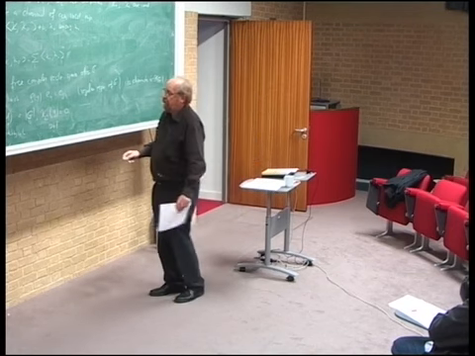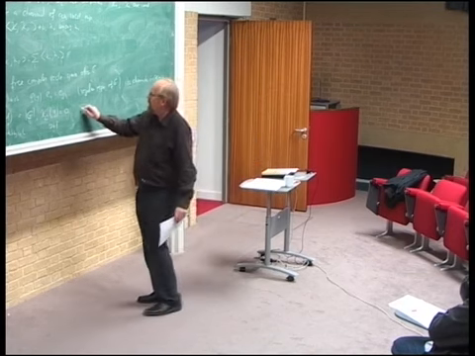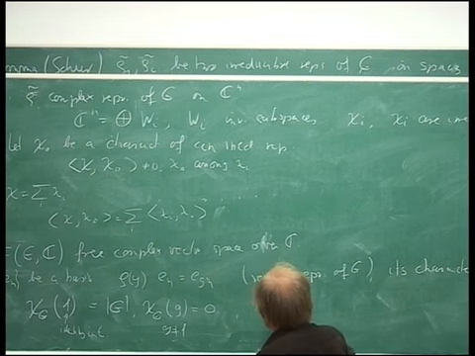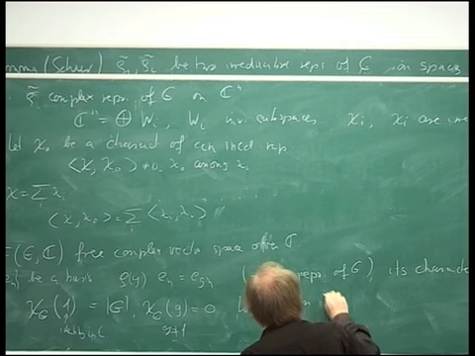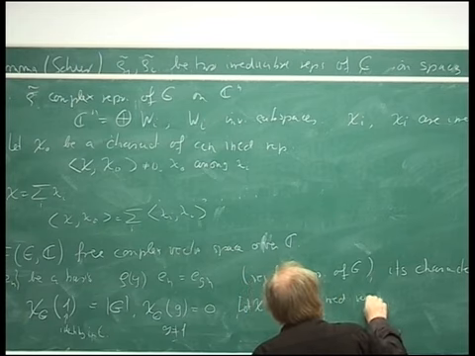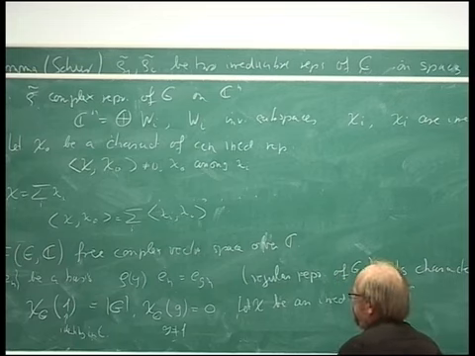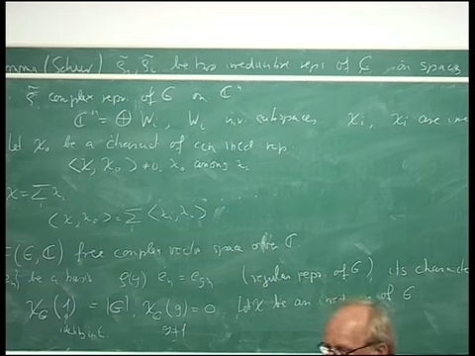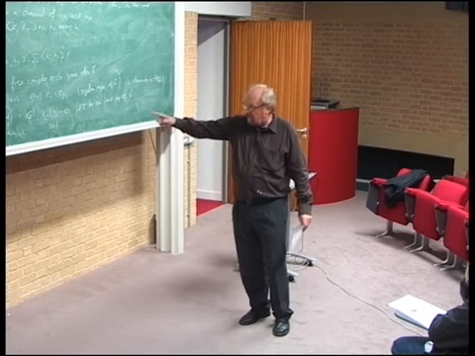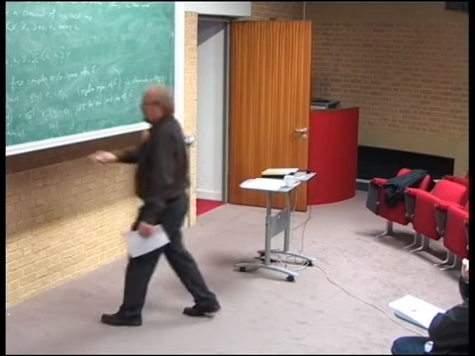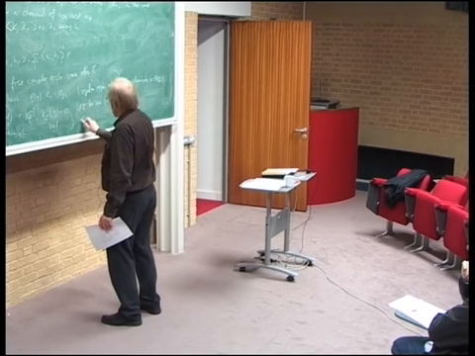So now we take chi. Let chi be an irreducible representation of G. And now let's compute the inner product between chi_G and chi.